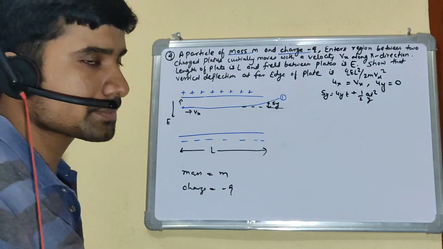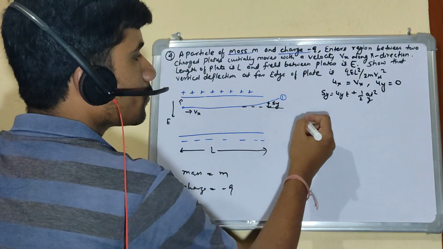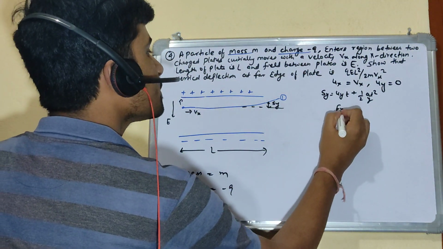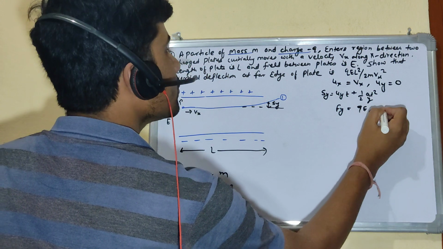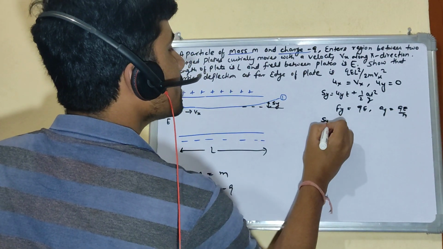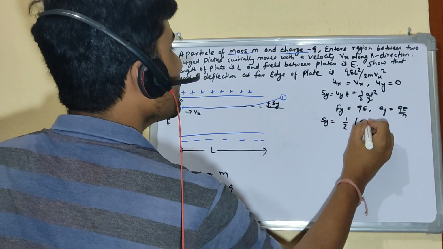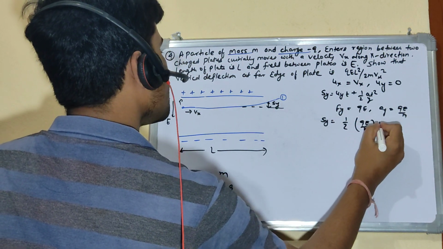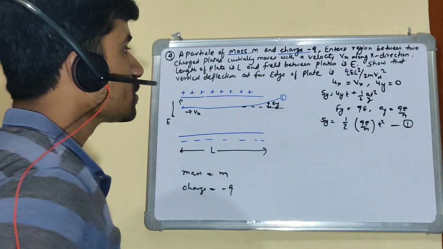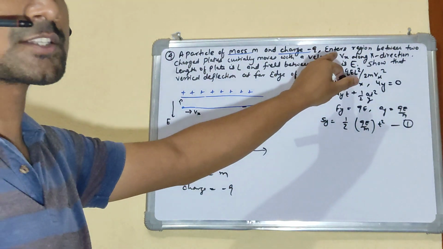The force acting on this because of the field, force along y, will be QE. So acceleration will be QE by m. So deflection along the y direction will be half into QE by m into t square. Equation 1. So now we need to prove that this deflection will be given by this particular expression, right?